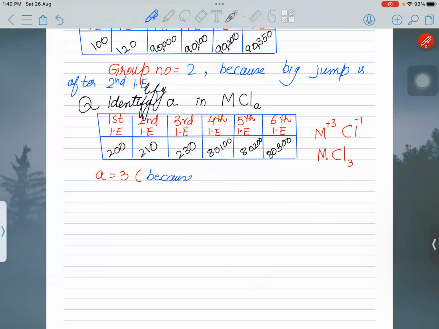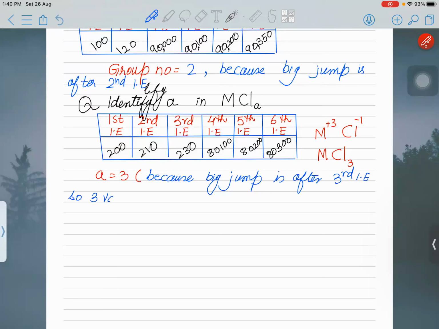Because big jump is after third ionization energy.